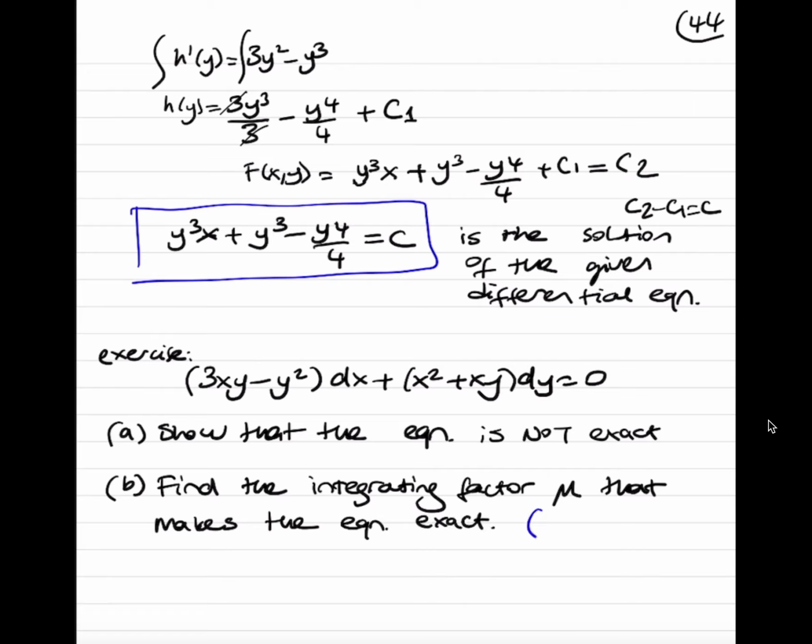Okay, let me give the answer. You should find mu to be x. Right, so you should find mu here, and part C is solve. Okay, let me write the solution also. So you should find f of x, y is equal to x cubed y plus x squared over 2 y squared is equal to c.